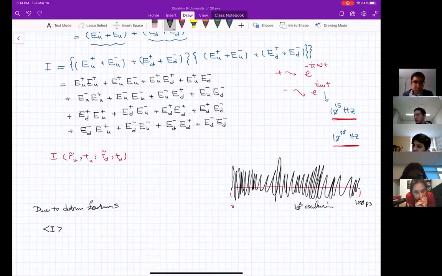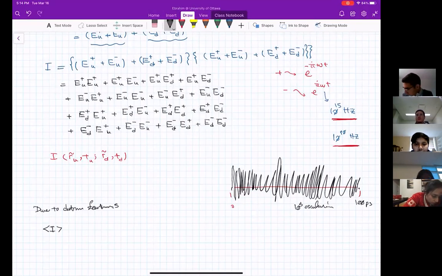Okay, when you see the average of this, now you see the slow oscillation of intensity, because you may have different oscillations. For example, let's pick up this term, this term, this term and that term. 4 terms.